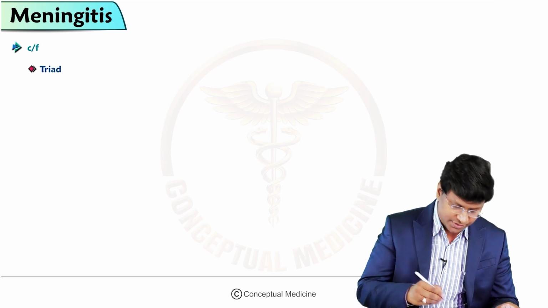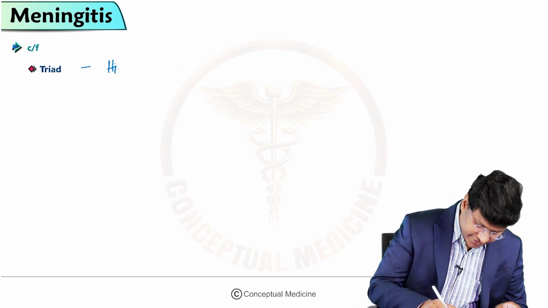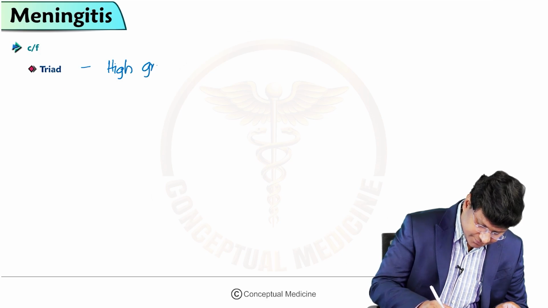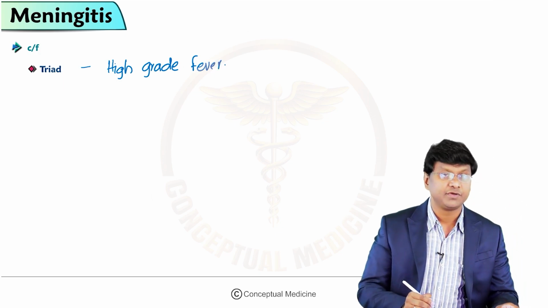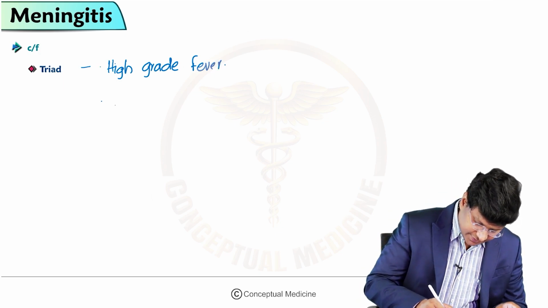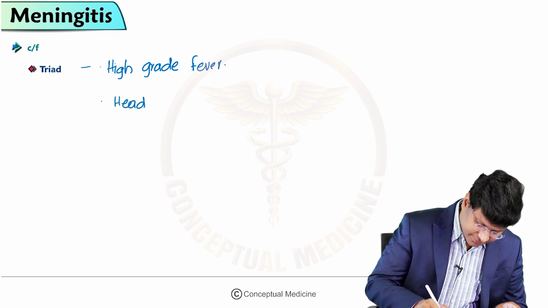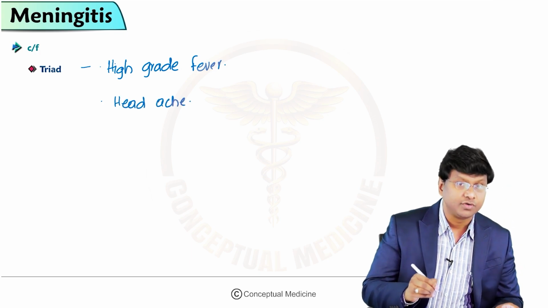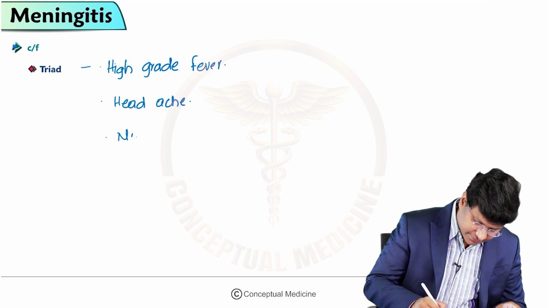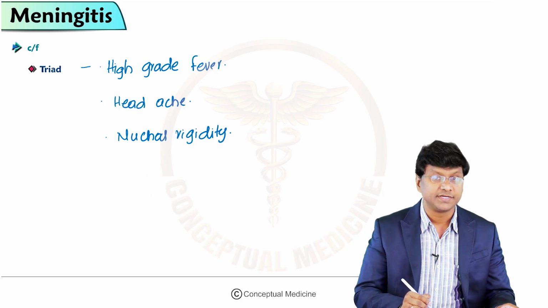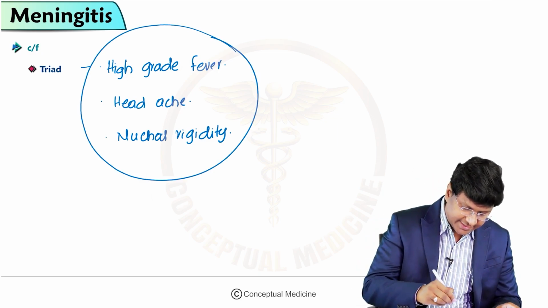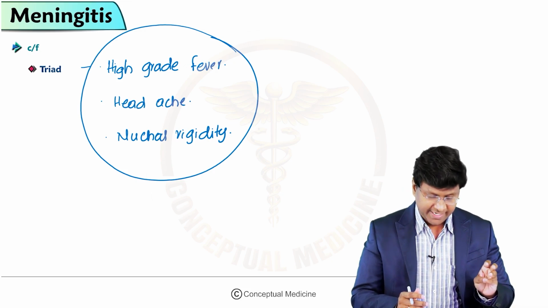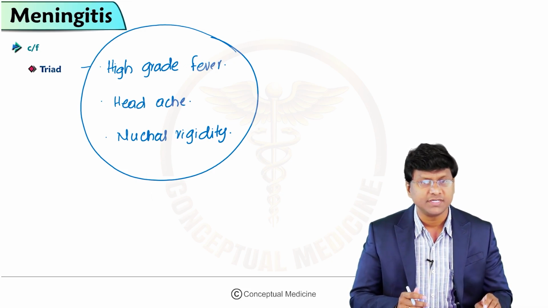If you take the clinical features, these individuals have very high grade fever, then headache, followed by nuchal rigidity. So this is the triad that you will see in patients with meningitis: high grade fever, headache, as well as nuchal rigidity.